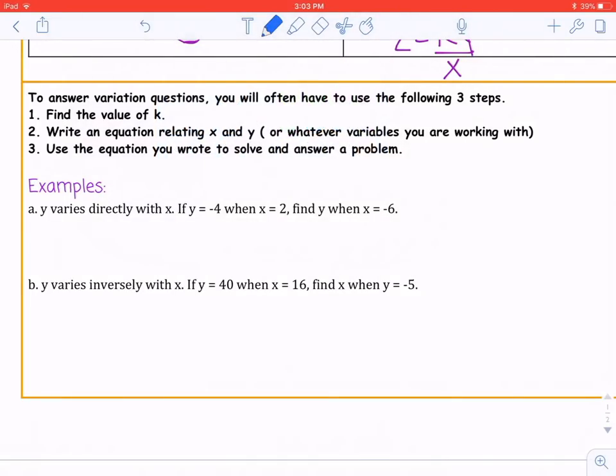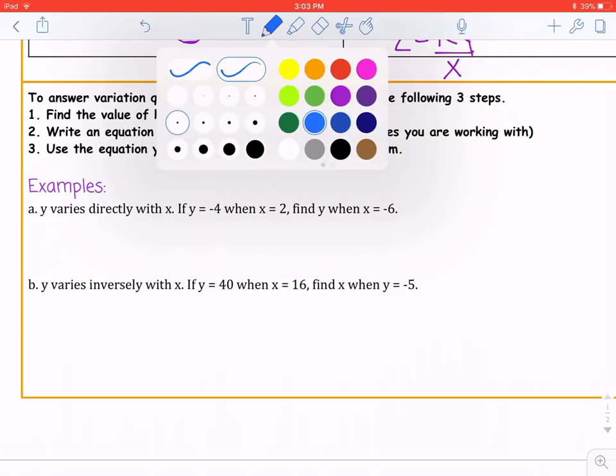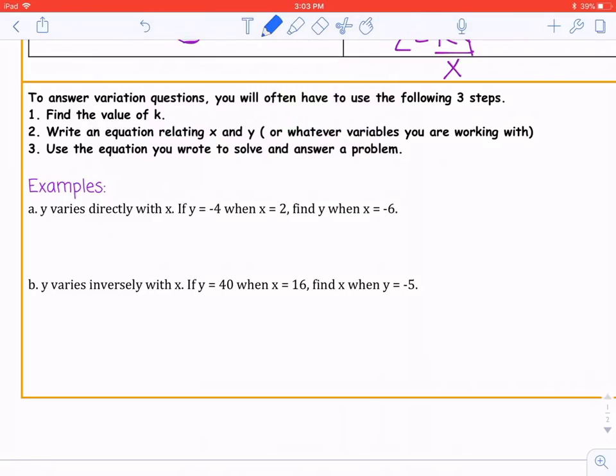So let me grab my pen and change the width of it really quick. So if y varies directly with x, then that means y equals k times x. And then we can fill in what they gave us.